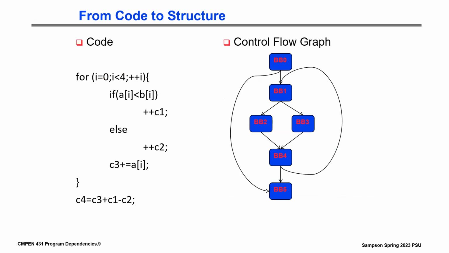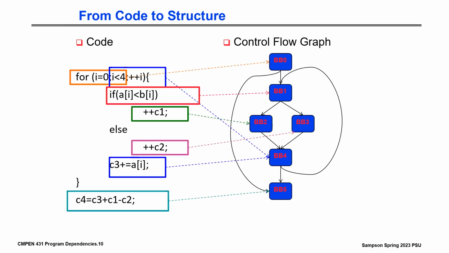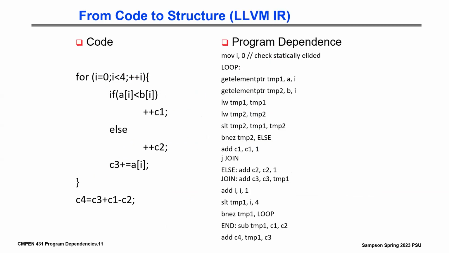Okay. So hopefully you should be able to visualize how these things are going to relate from real code to graphs. So here's a for loop, some if else, some join code here at the tail. These are all going to be preserved at some level. But what we're going to be a little more interested in is thinking about this as it plays out finally now at the instruction level.